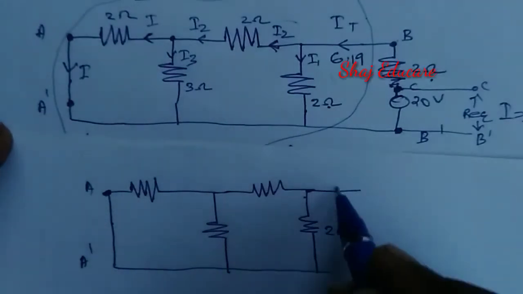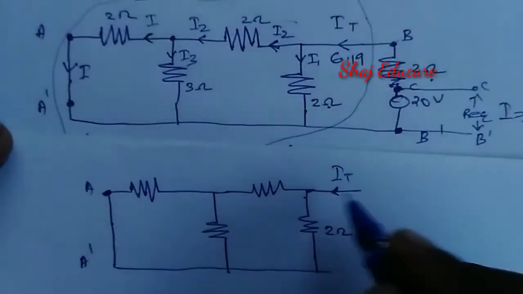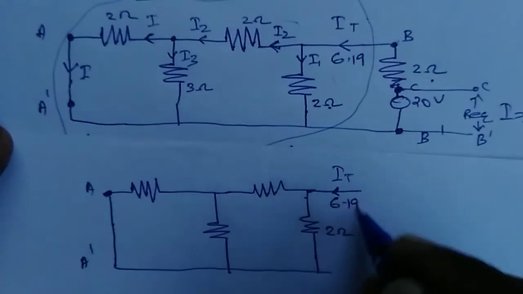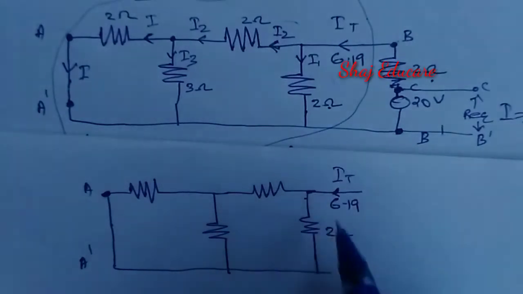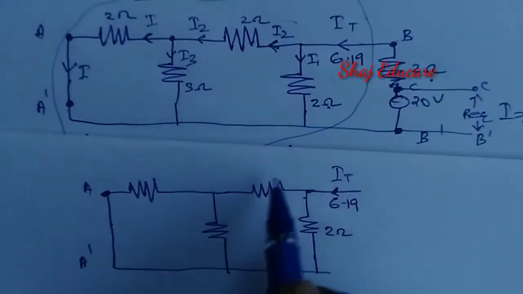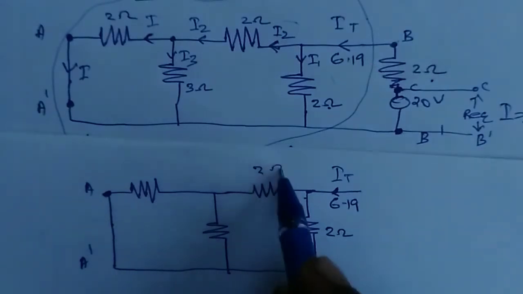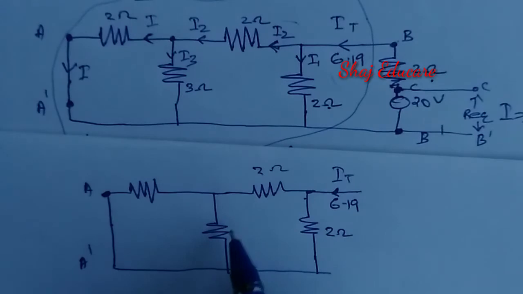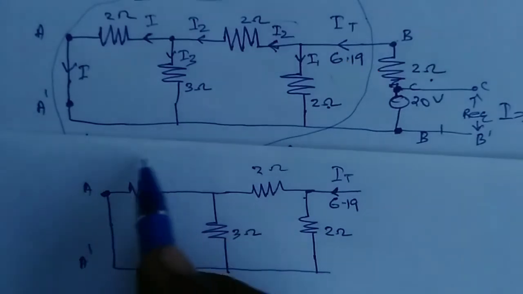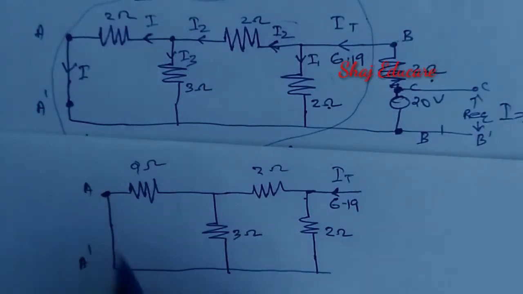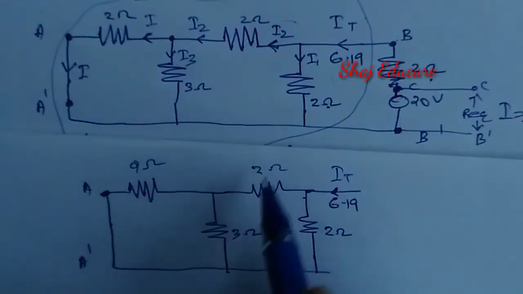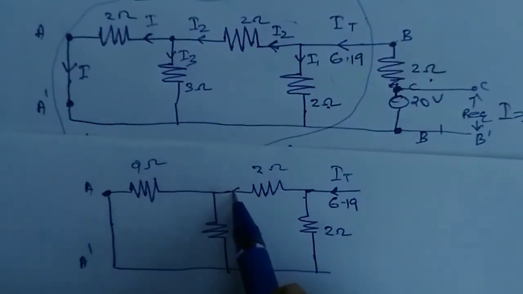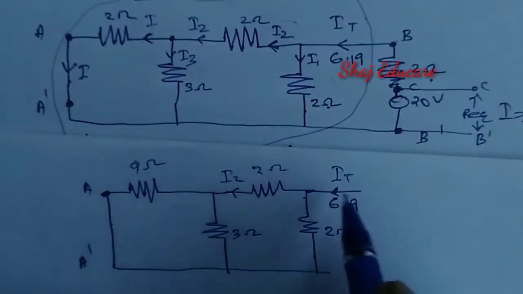Here it is I total, and the magnitude of the current is 6.19 ampere, and this is 2 ohm resistance, and here we have a 2 ohm resistance, and 3 ohm resistance, and finally 2 ohm and A dash. Okay, right. So our next aim is to find the current I2.